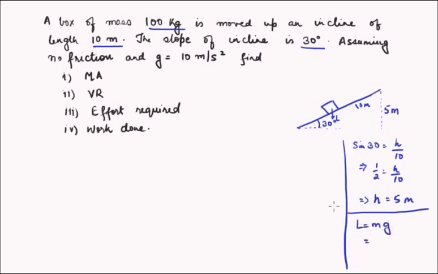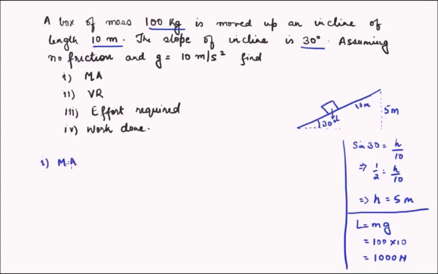Gravity is 10 meter per second square, mass is 100, so it will be 100 times 10, that is 1000 Newton. That is the load. Okay, with this information, now let us start solving the question one by one.